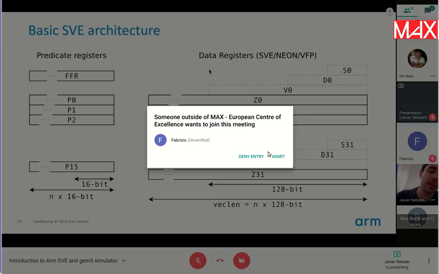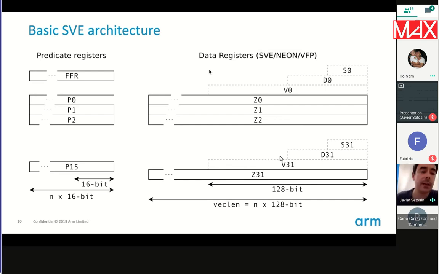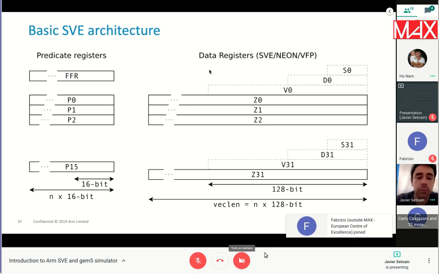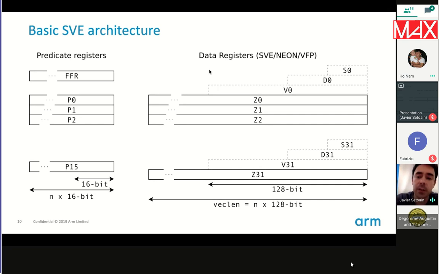The basics of the architecture, we add a bunch of registers effectively. You have your data registers, of course. They overlap with all the other registers in the system, the integer registers, the NEON registers, the floating point registers. And then the length will depend, obviously, on the specifics of the extension.